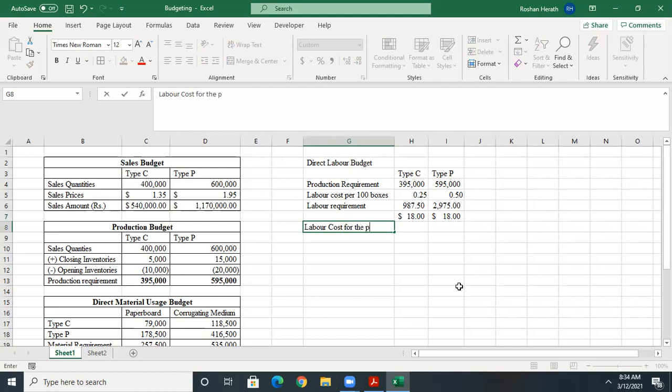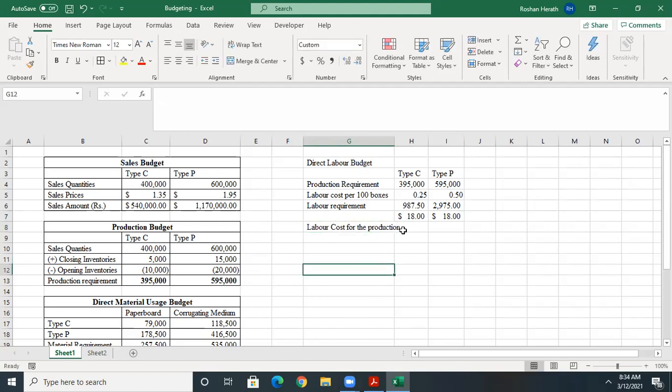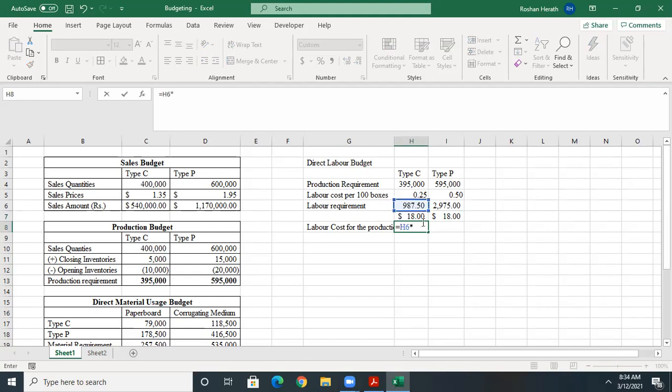Production. So you can simply multiply it by the hourly cost, 177,775, 53,550.